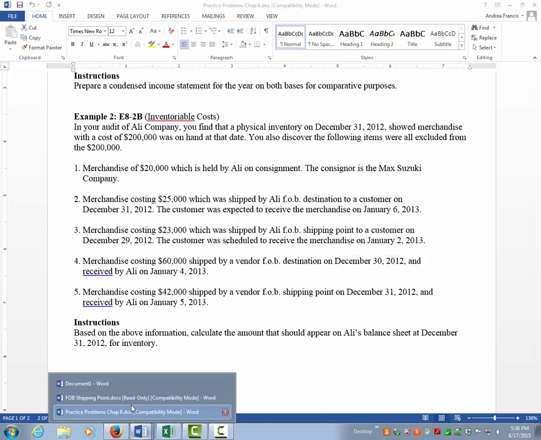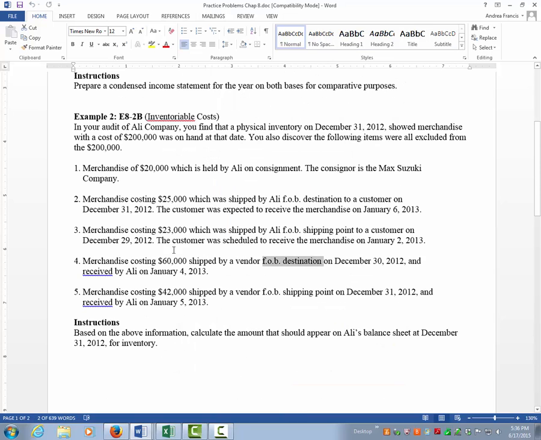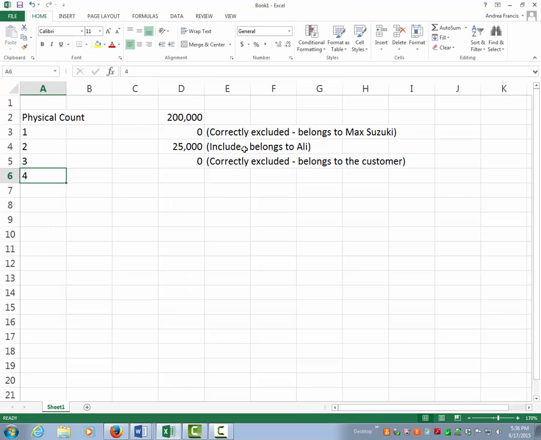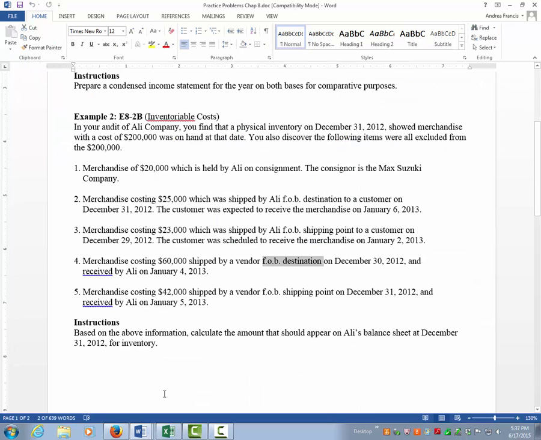So let's go back to our theory and check who owns it. FOB destination, the inventory belongs to the seller and Ali is the buyer. So therefore this inventory does not belong to Ali, it belongs to the seller. So we don't need to include it, and we will also say 0, correctly excluded, because it belongs to the seller. It doesn't tell us the name of the seller, so we will just call it seller.